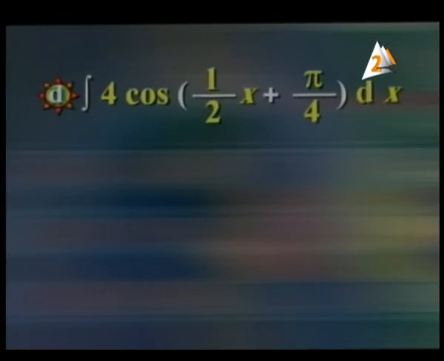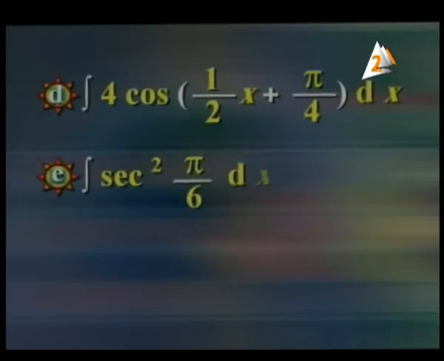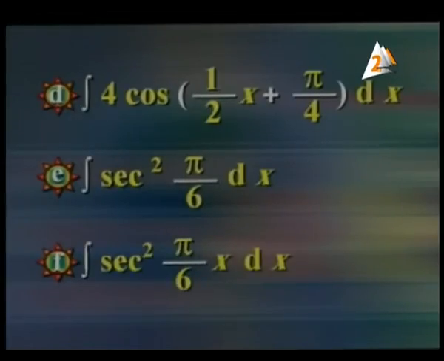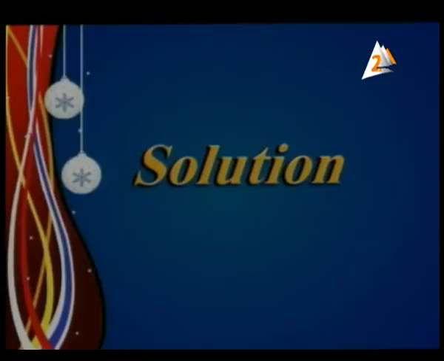Number D, find integration of 4 cosine bracket 1 over 2 x plus pi over 4 dx. Number E, find integration of sin square pi over 6 dx. Number F, find integration of sin square pi over 6 x dx. Look at the solution.